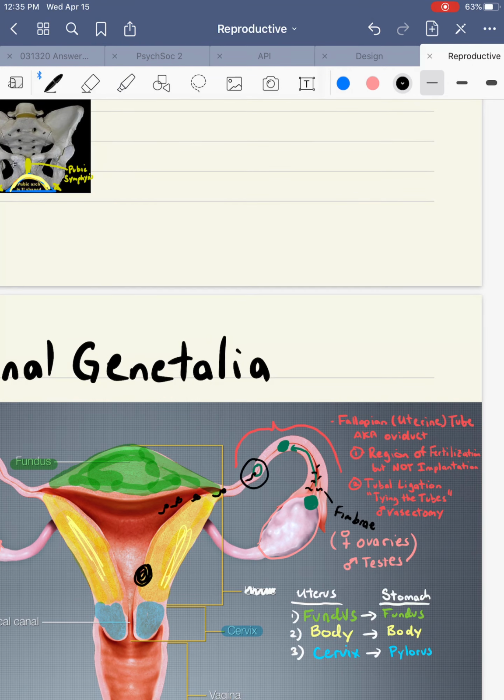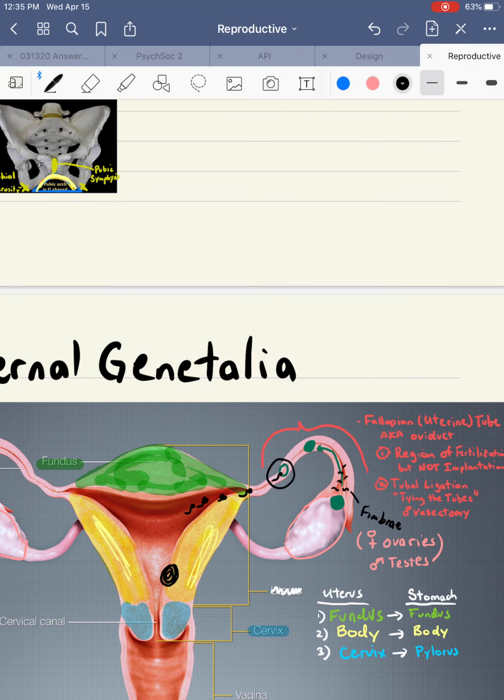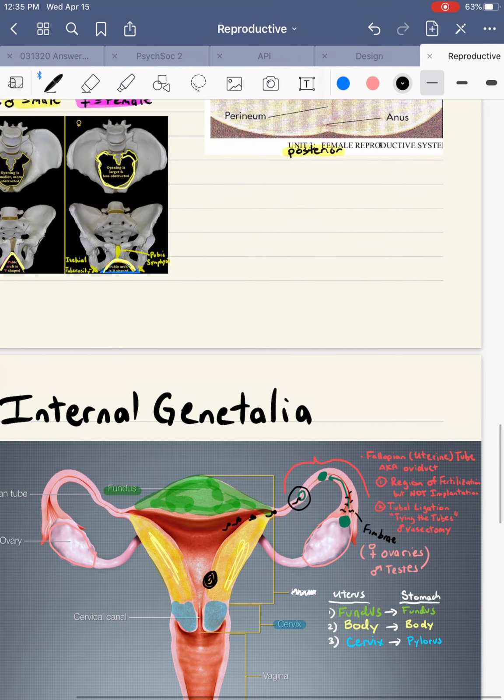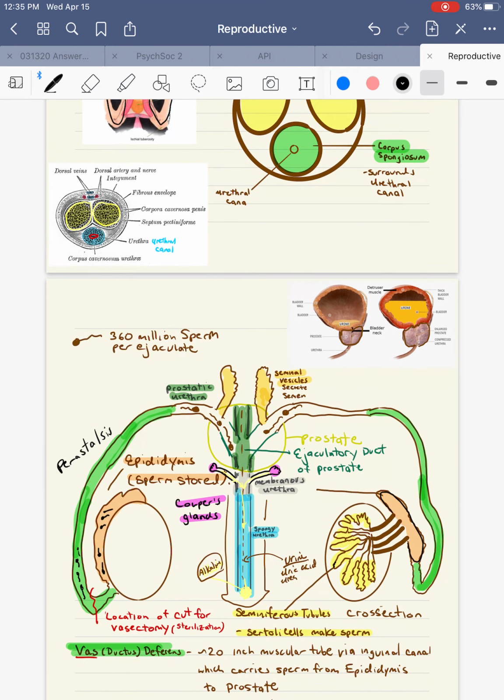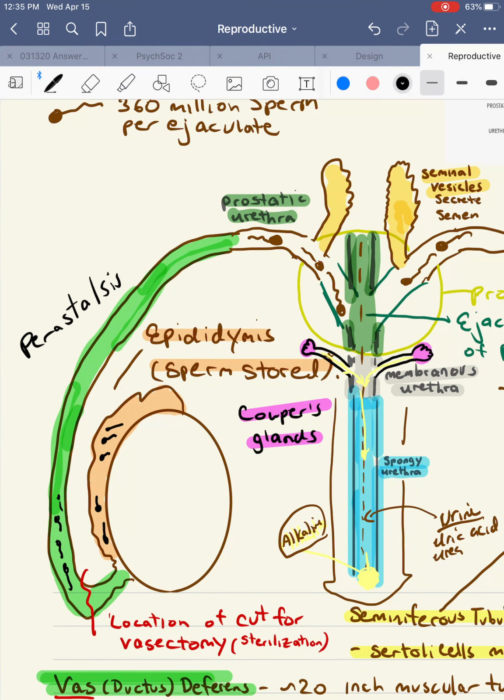One process of sterilization is called a vasectomy, right? We learned that in males. Remember in males from the last chapter, if a male was to be sterilized, you would just cut the vas deferens, right?